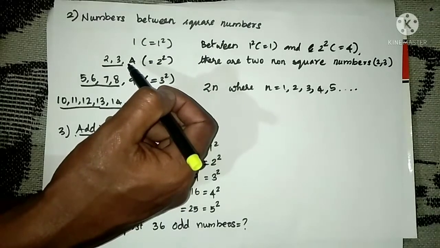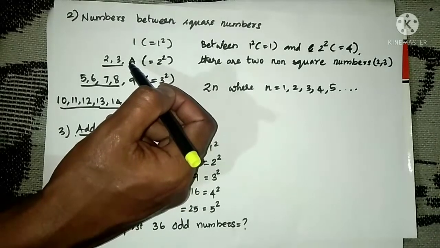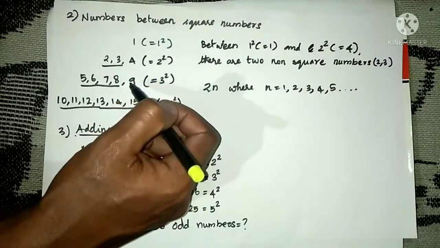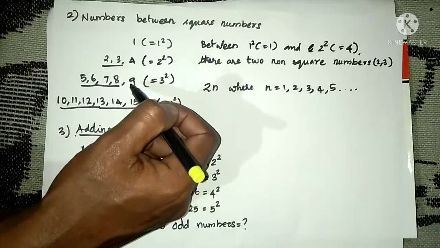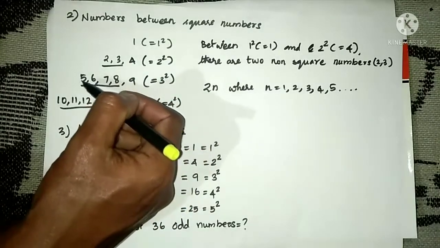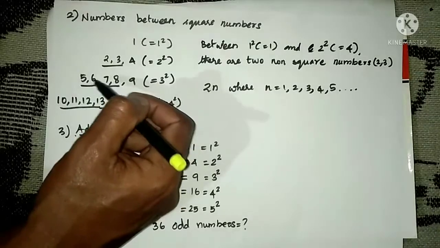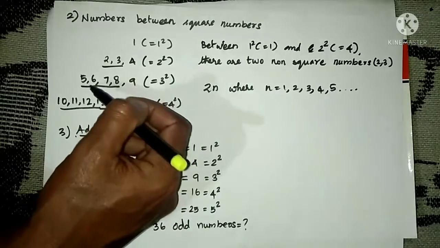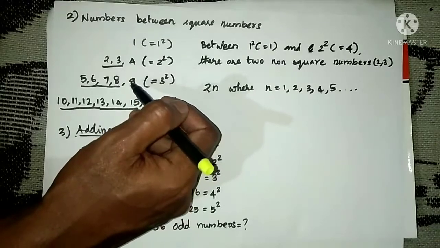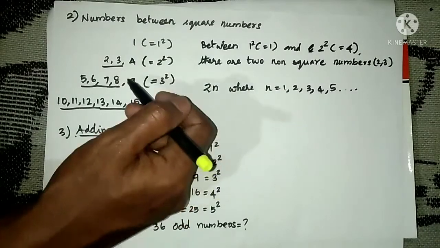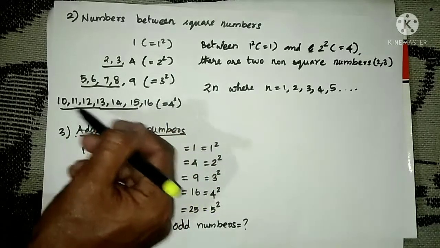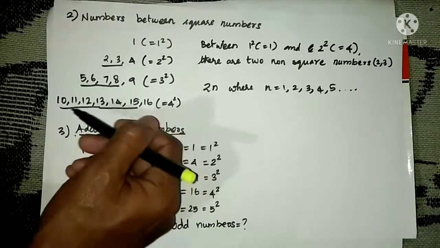Observe between 4 and 9, two consecutive square numbers, we have 4 numbers, 5, 6, 7, 8. These are non-square numbers. And between 9 and 16, 16 is a square number, we have 6 non-square numbers.